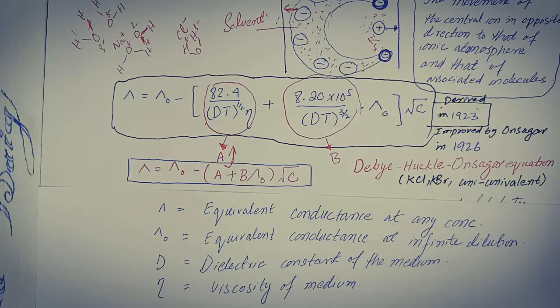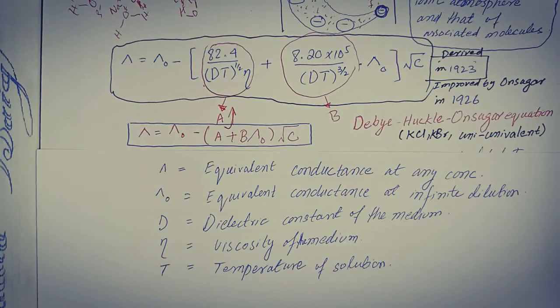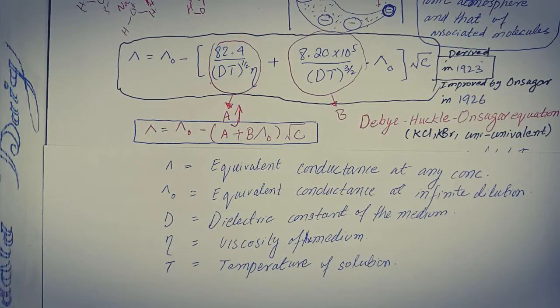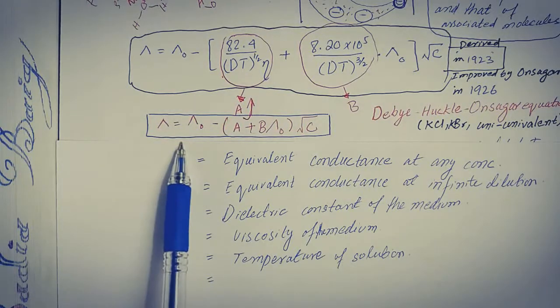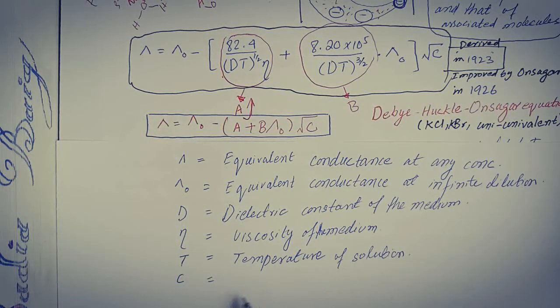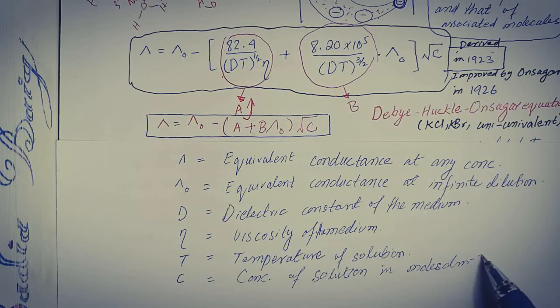Eta is the viscosity of the medium, whereas T is the temperature of the solution. And the most important variable is the concentration of the solution in moles per decimeter cube, which changes with respect to the equivalent conductance. So here C is the concentration of the solution in moles per decimeter cube.